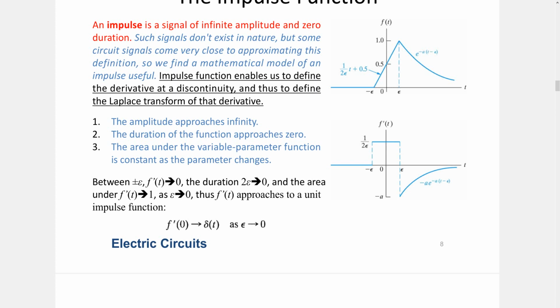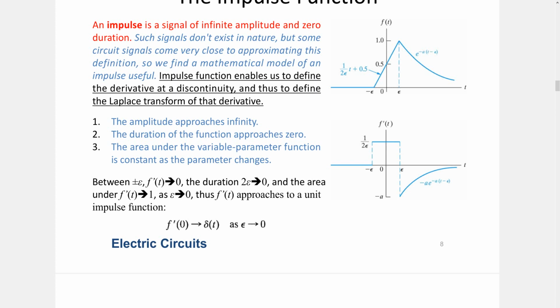Now, this is fantastic, because in the real world, the pulses that we encounter will have some finite amplitude, and they will also have a finite duration. However, from a theory point of view, an impulse is typically defined as a signal which has an infinite amplitude and zero duration.